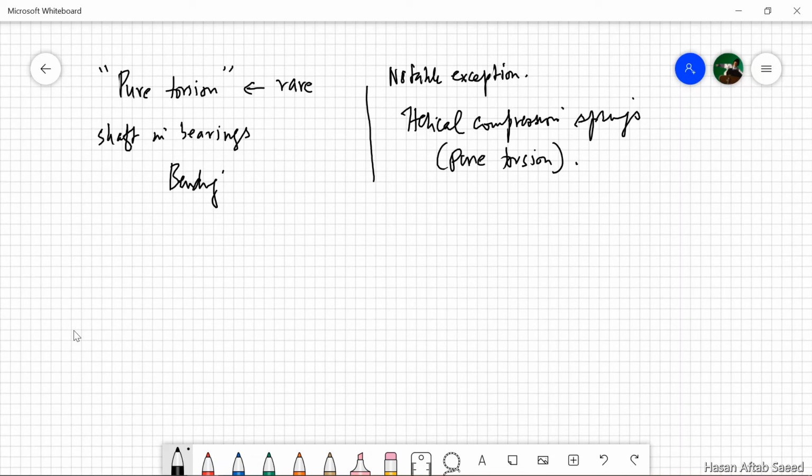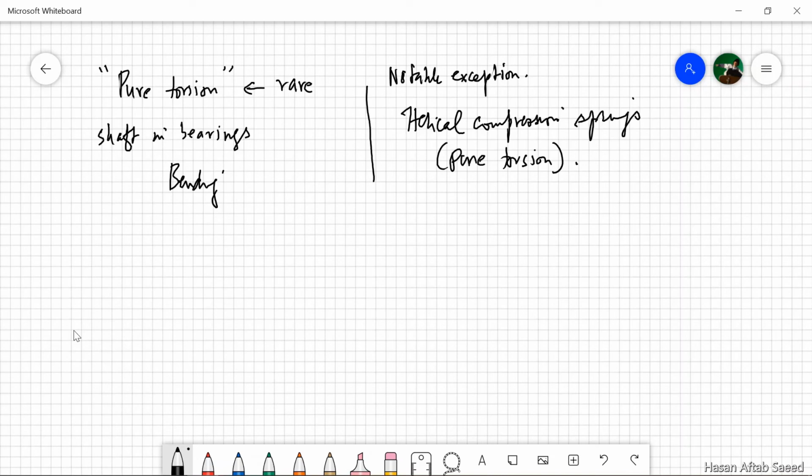Apart from that, even in helical extension springs, you'll have some sort of bending, especially in the parts. The main body is still pure torsion, but the parts where you pull them, you have bending there.